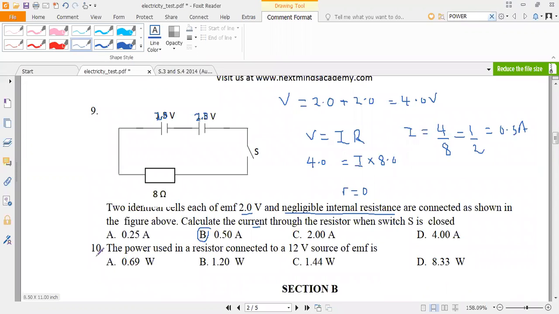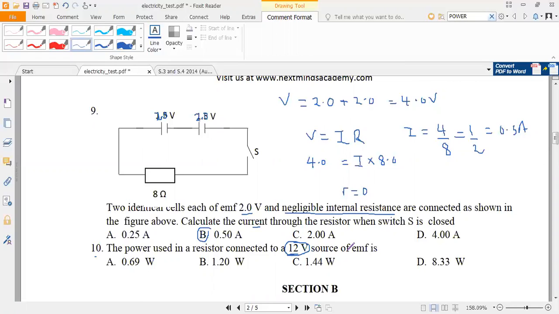Then number 10, the power used in a resistor connected to a 12 volt source of EMF is, so here they've only given us 12 volts EMF, so we don't know what the current is and we don't know what the resistance is.